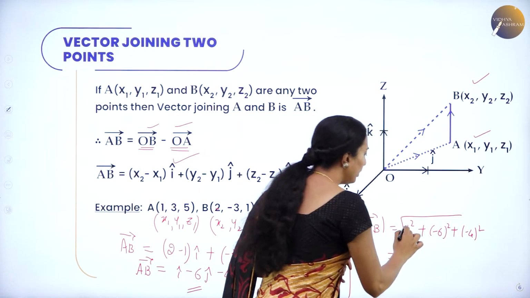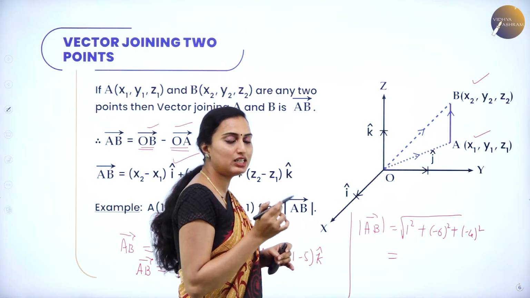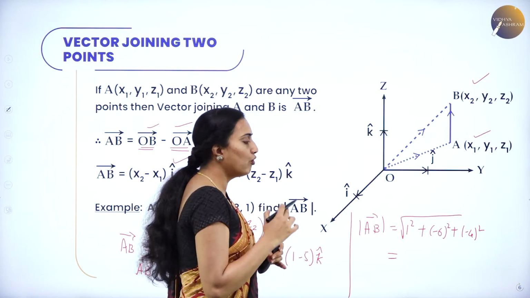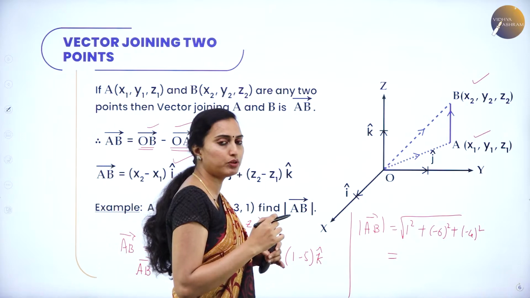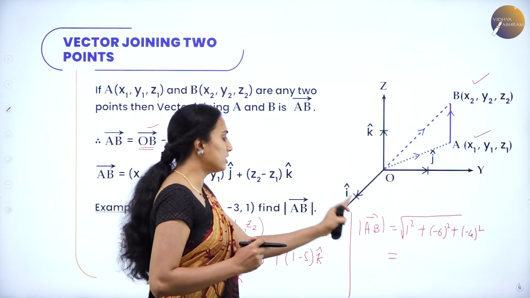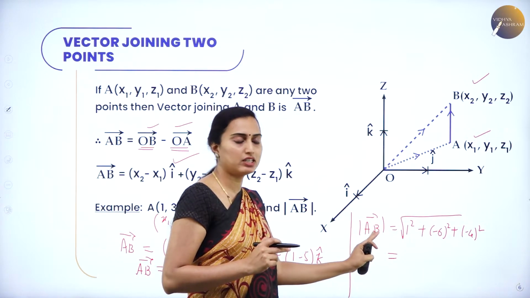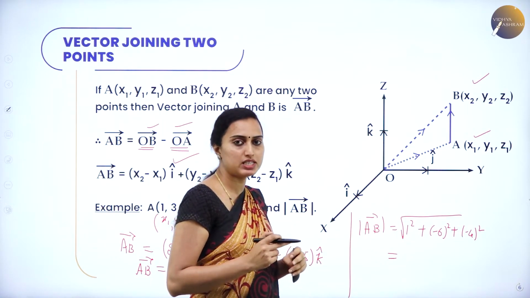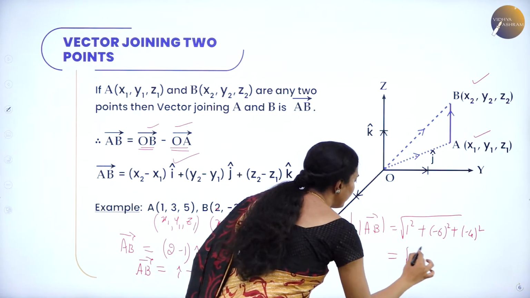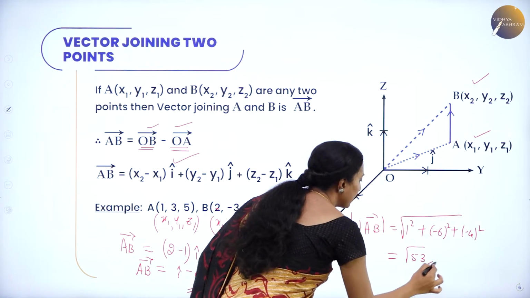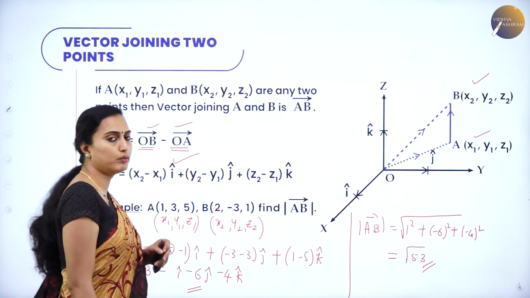So 1 squared is 1, minus 6 squared is 36, 36 plus 1 is 37, 4 squared is 16, and 37 plus 16 gives you 53. So under the root 53 is the answer for magnitude of AB vector. Understood? So this is how we are going to solve the problem.